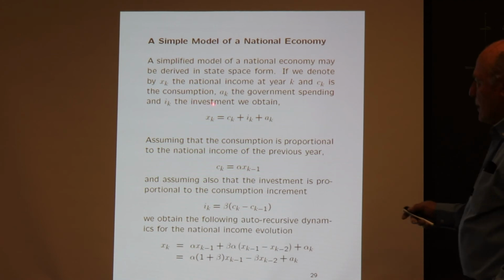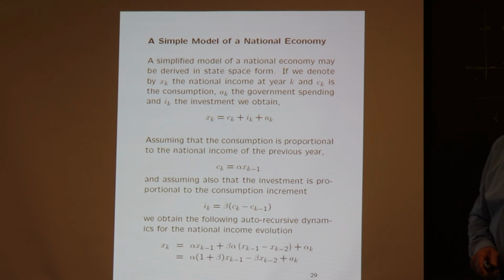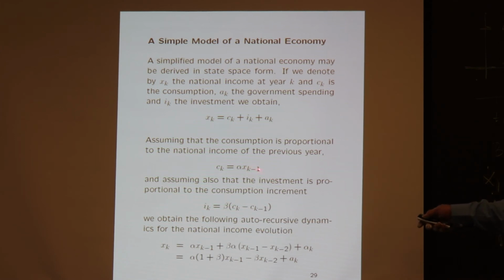So in this model, you have this definition of the national income. The national income is the sum of the consumption plus the investment plus the government expenditure. So you have these three variables conforming the national income. And one of the assumptions of Samuelson was that the consumption is proportional to the previous value of the national income. So if your national income in the previous year was this given amount, that will determine somehow the consumption for the next year.